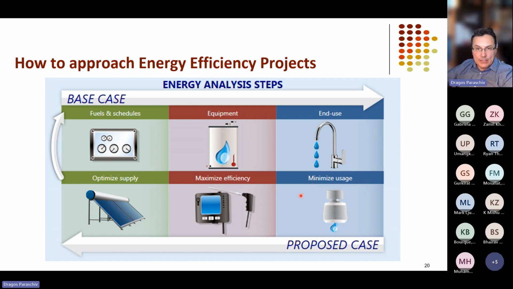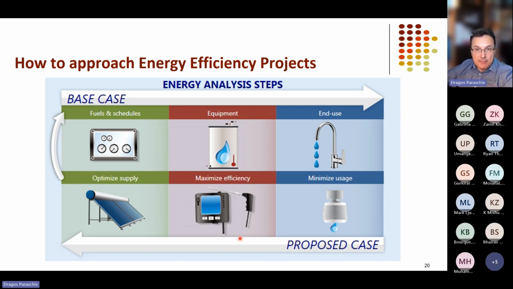The second category of measures, once you identify these end use savings, is improving efficiency. So if we reduce the end uses as much as we can, providing, again, the level of service expected by the building occupants, the next category of savings would come from improving the efficiency of our equipment.